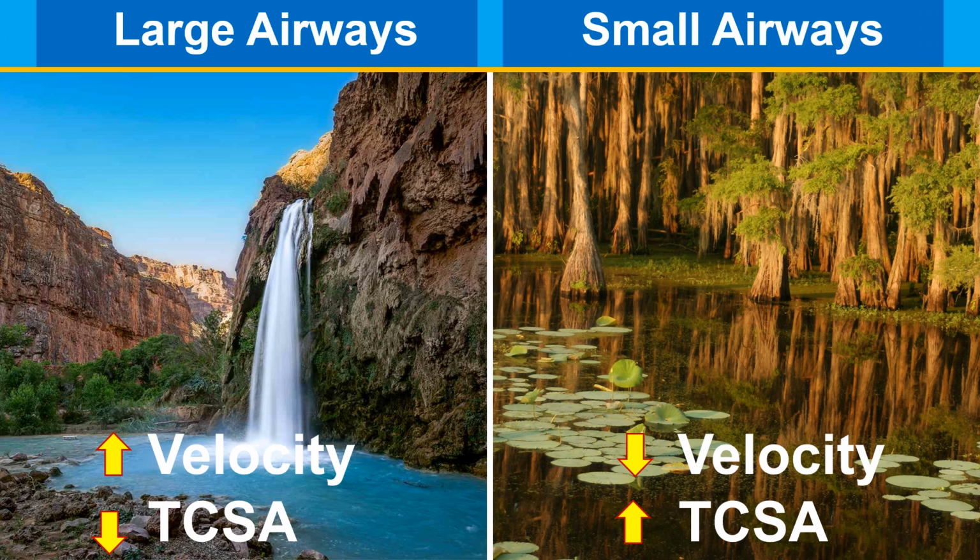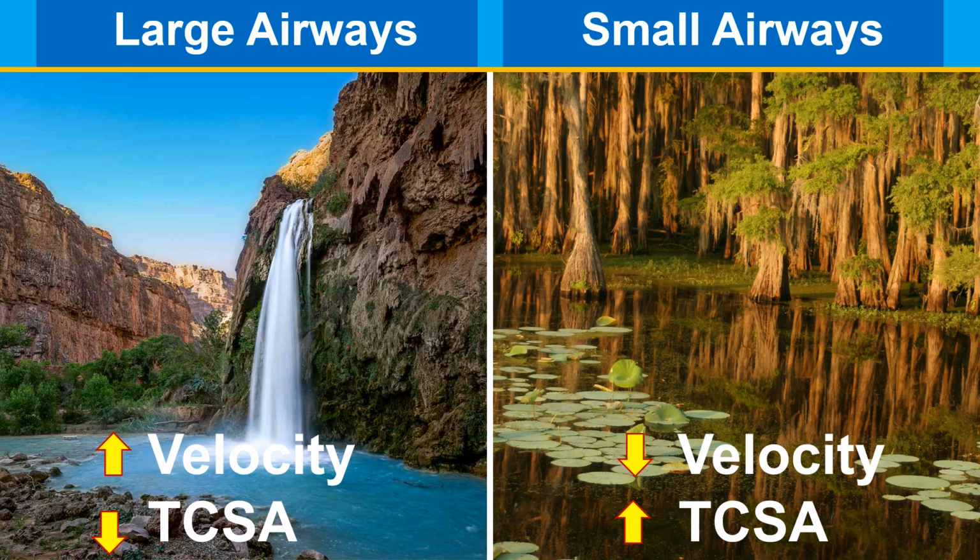Let's just think about a river for a moment with no tributaries in or out. I'm standing up here at the top of this waterfall. All of the water from the river has to go through this narrow cross-sectional area. So the velocity of each water molecule is huge. And in fact, if I stand up here and throw a leaf on that water, it's gone. It moved very, very rapidly.